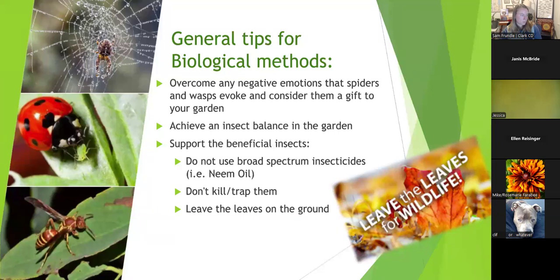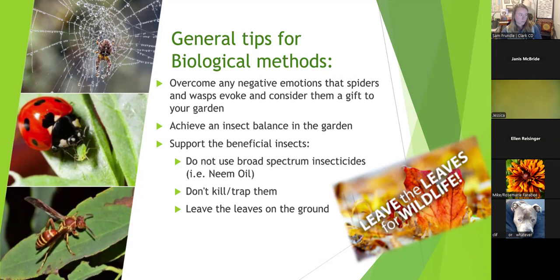And then some general tips for biological methods. Try to overcome the negative emotions that spiders and wasps evoke and just consider them a gift to your garden. I do understand, people who have children and they don't want their children to be exposed to wasps. And I'm not talking about yellow jackets.